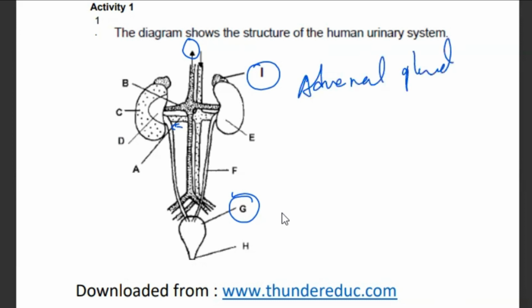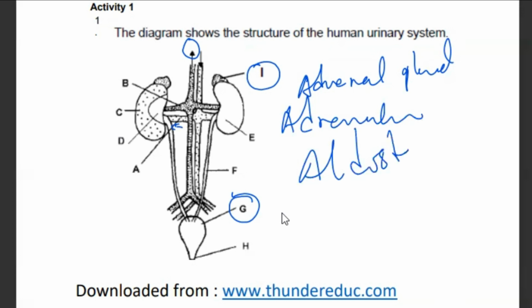This is the gland we talked about, that it produces adrenaline and aldosterone.